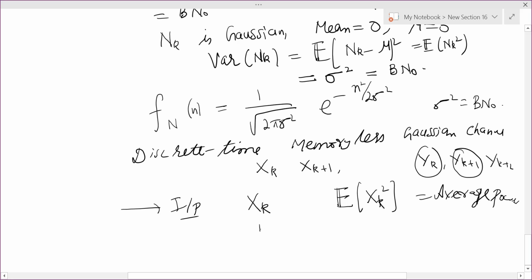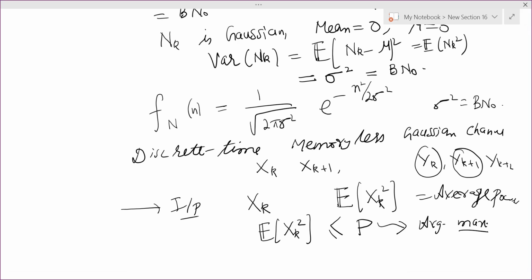We assume that this expected value of average power cannot exceed some maximum power P. This is the average maximum power you can have. It is power limited, definitely, because your batteries are finite.